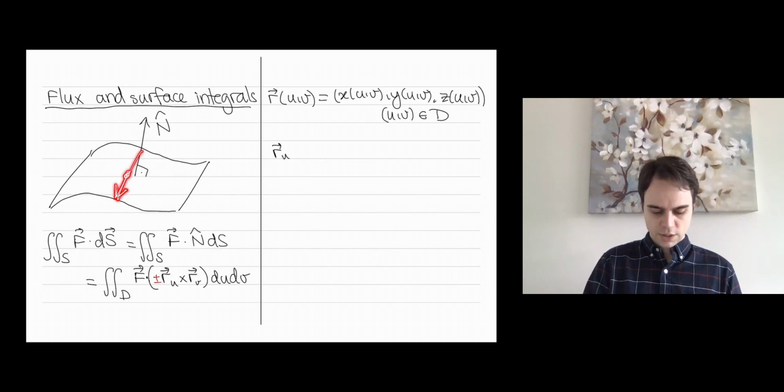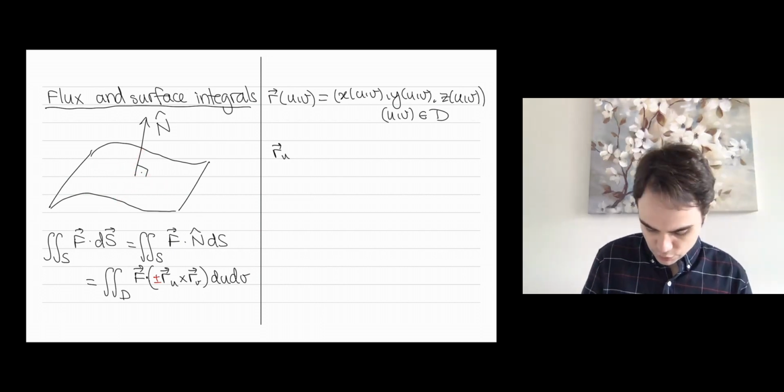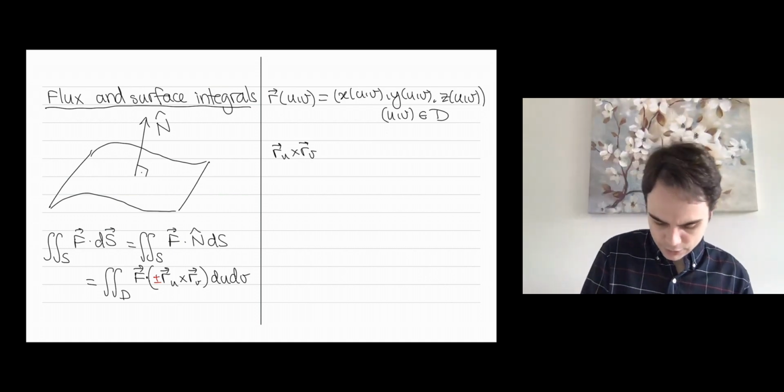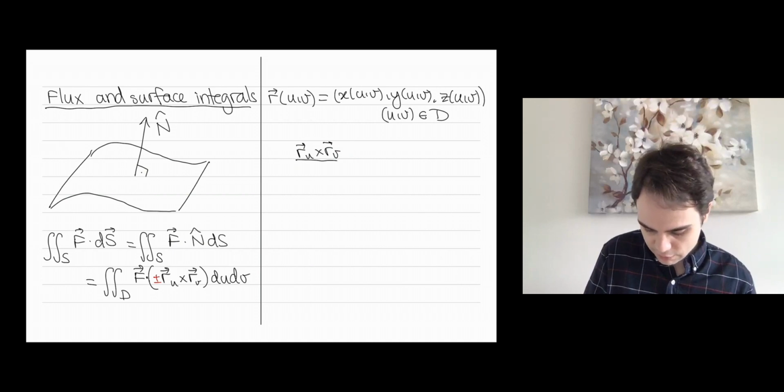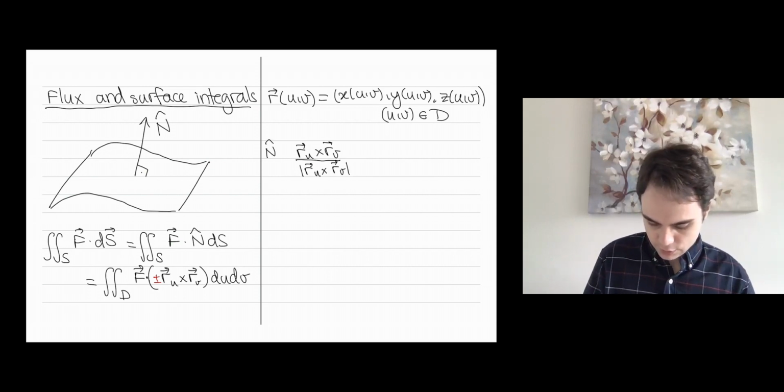Differentiated, I get a tangent vector. If I do the other partial, I get a different tangent vector. If I do the cross product of those two vectors, I get a vector that's perpendicular to the surface. And then if I divide by its length, I get a unit normal, a normal vector of length 1 that's perpendicular to the surface.